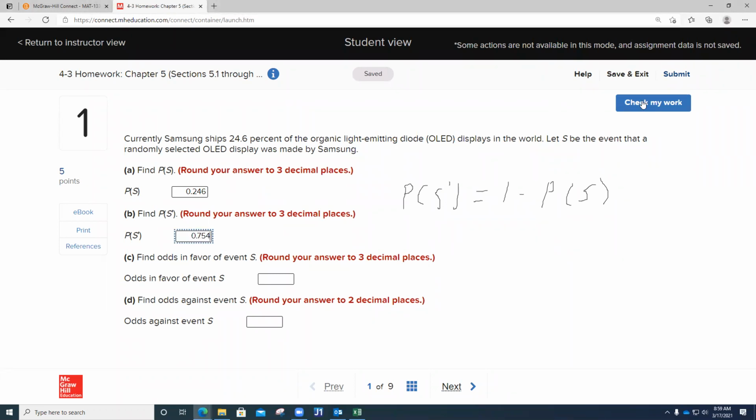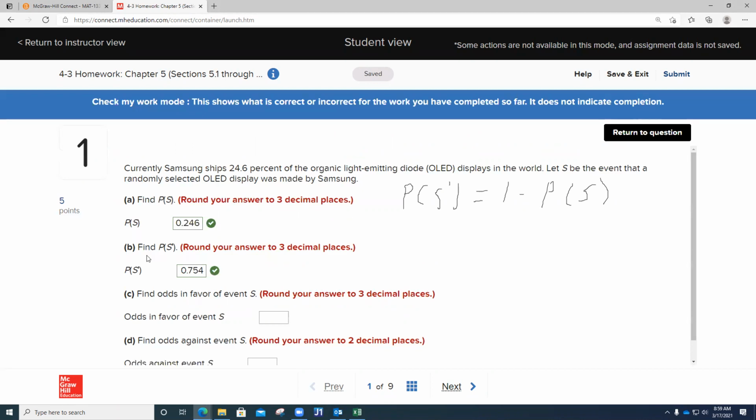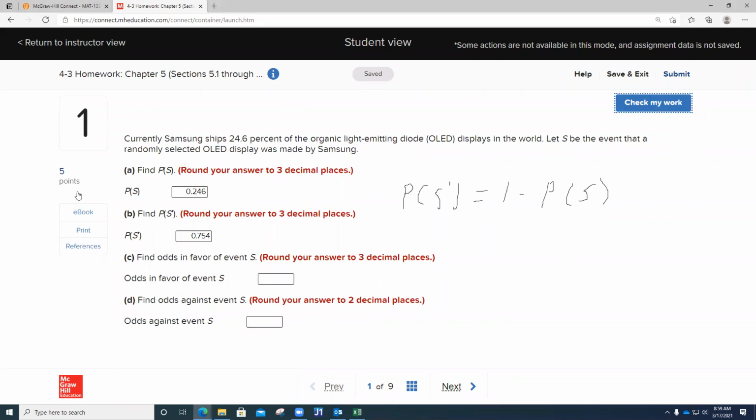If you want, you can check your work. And so we're good. Return to the question, because you want to make sure this part is correct before we go into C and D. To find odds in favor, it's the probability of S, the probability of success, over the probability of its complement. So I take 0.246 and divide it by 0.754.